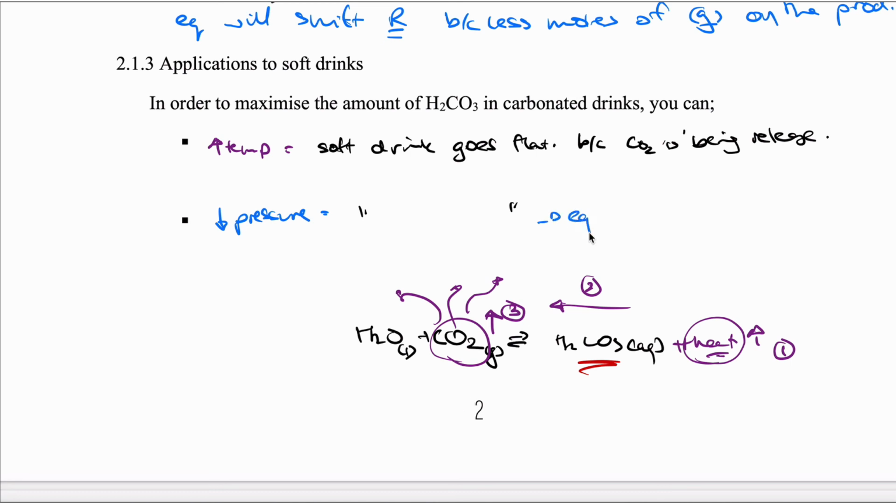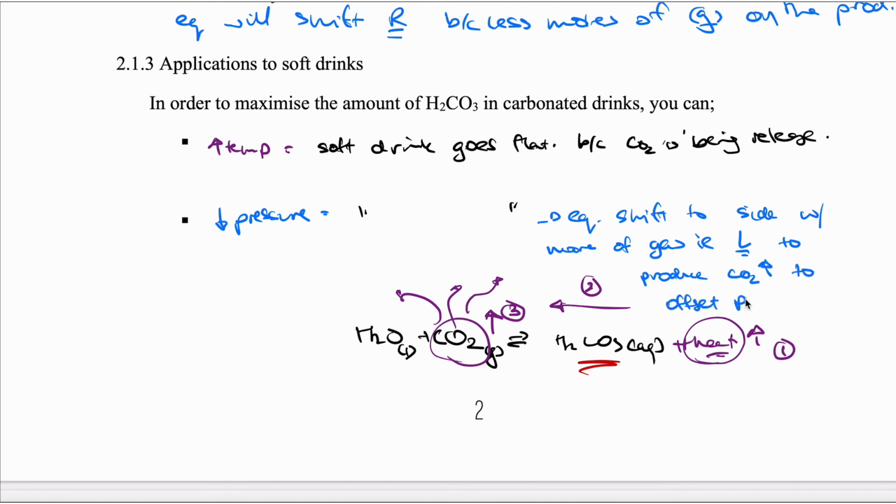In this example, that would be to the left. It's going to shift to the left because it wants to produce CO2. It wants to increase the amount of CO2 to offset the pressure decrease.